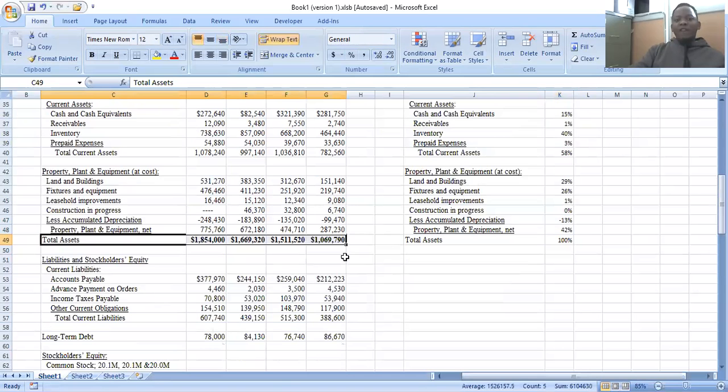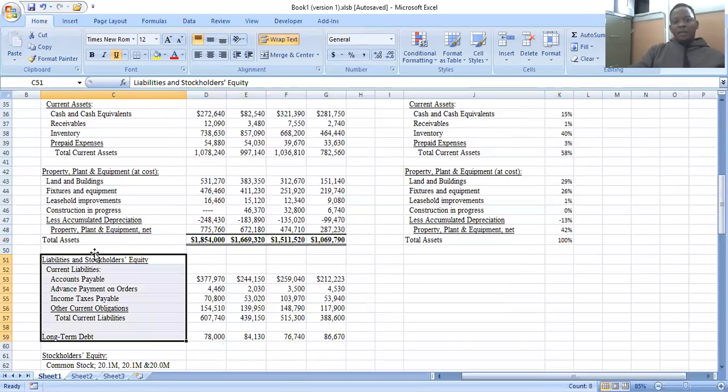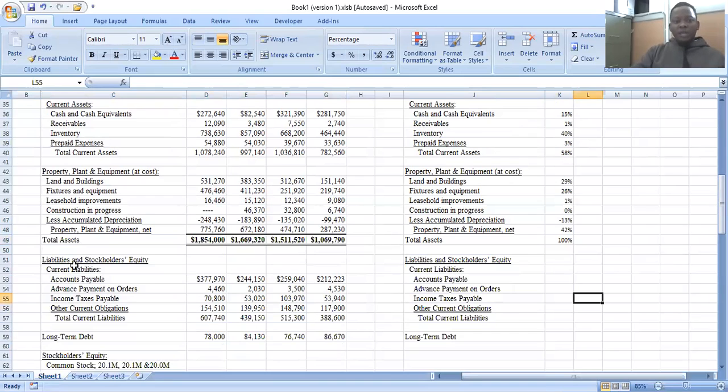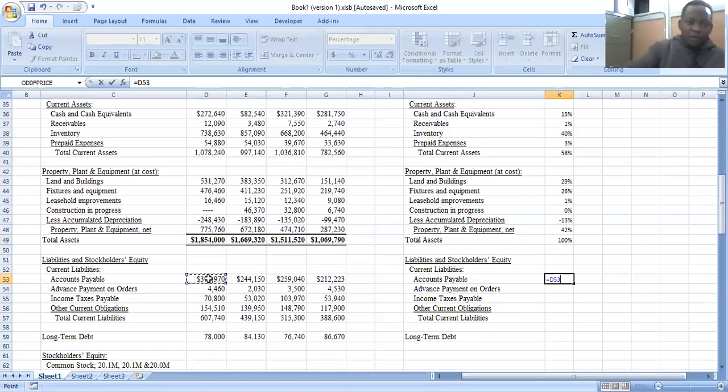The same shall apply for the liabilities side. For instance, for the accounts payable, the ratio is 377 divided by 1.854, expressed as a percentage of the total assets.